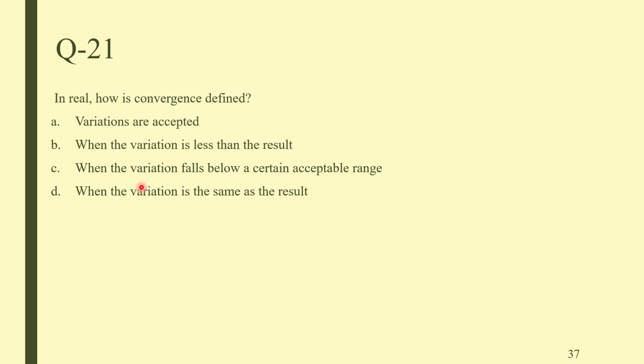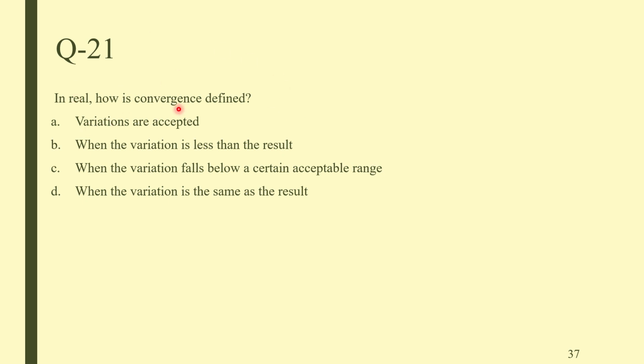How do we know if they are same results? We calculate the error, and if the variation is less than a critical tolerance value, we call it converged. That value is what is given in option C: when variation falls below a certain acceptable range, we call it convergence is attained.